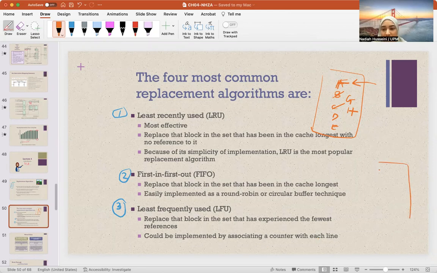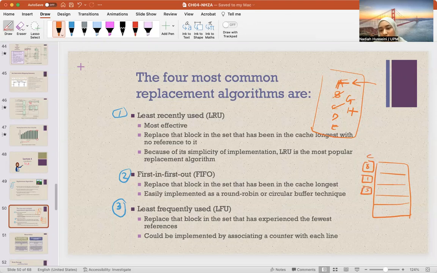What it means is that you have your cache lines, and each cache line has been called several times. Each time it is called, there is a counter over here that keeps track of how many times it has been called. Let's say this guy gets called 8 times. This guy gets called 1 time. And then this cache line gets called 5 times.